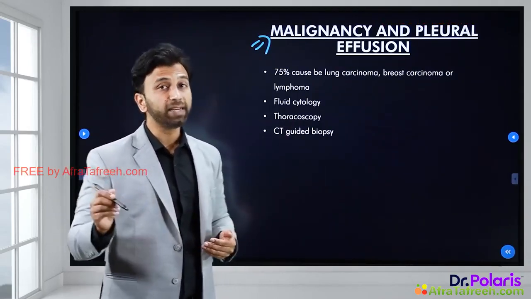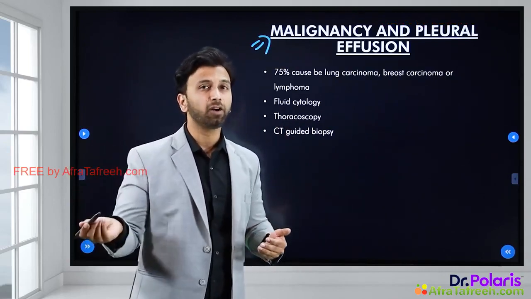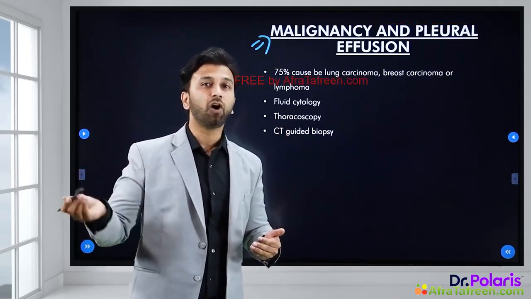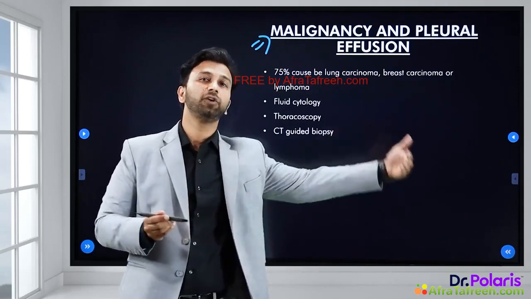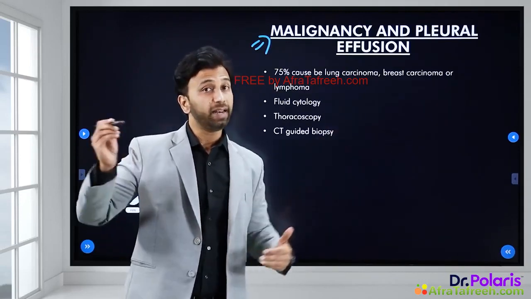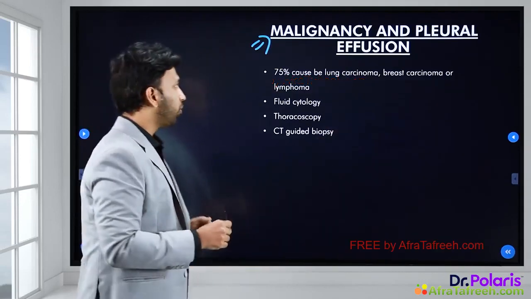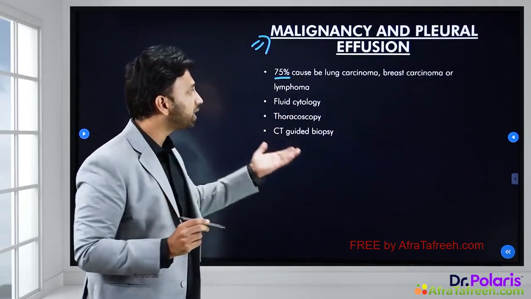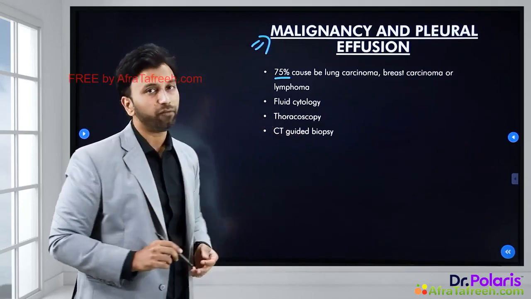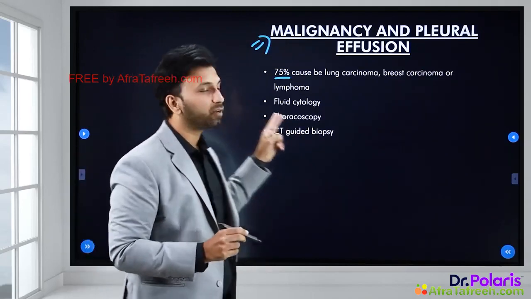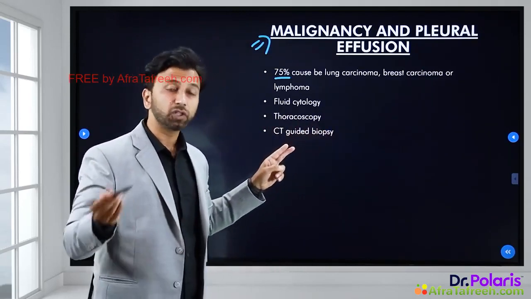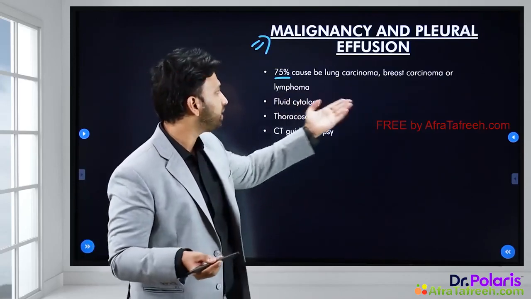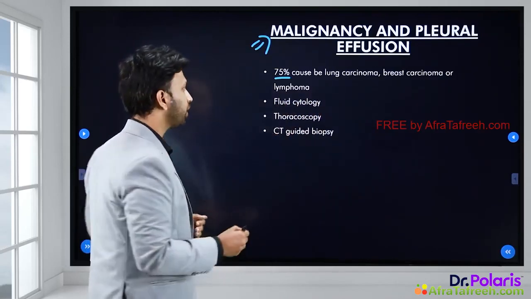Malignancy is usually metastatic, a malignancy of another organ causing metastasis and an exudative pleural effusion, or rarely a mesothelioma. 75% of the time, where there is a pleural effusion because of malignancy, it can be either a lung carcinoma, a breast carcinoma, or a lymphoma.